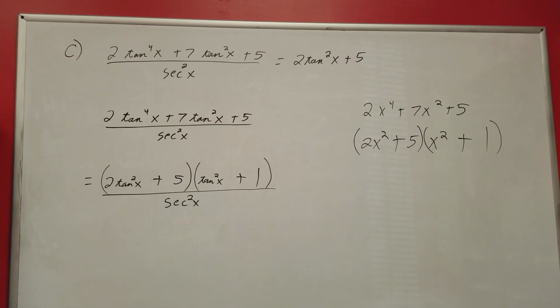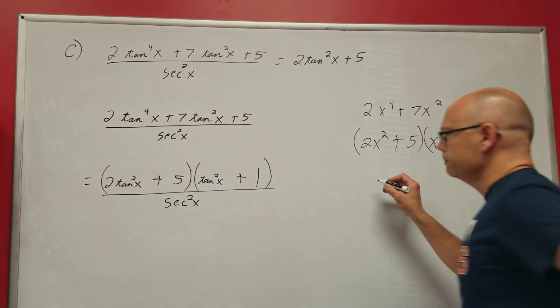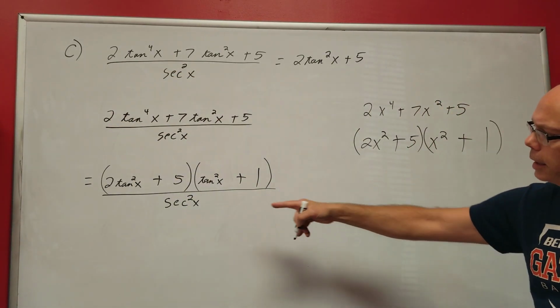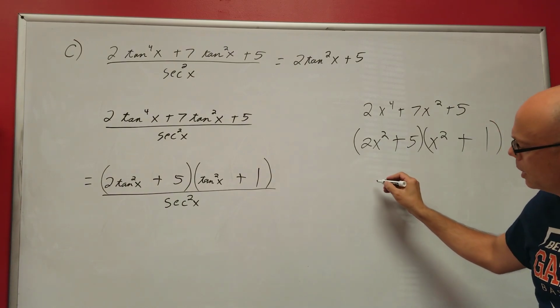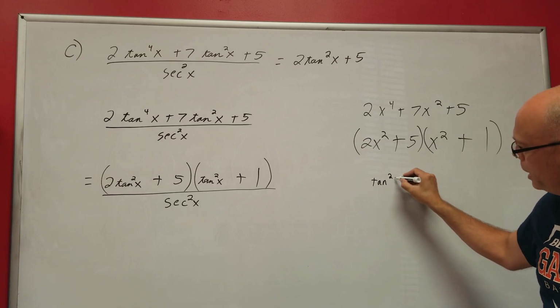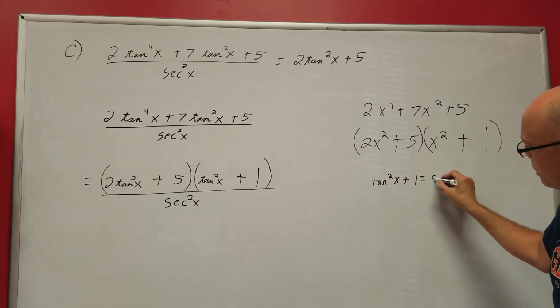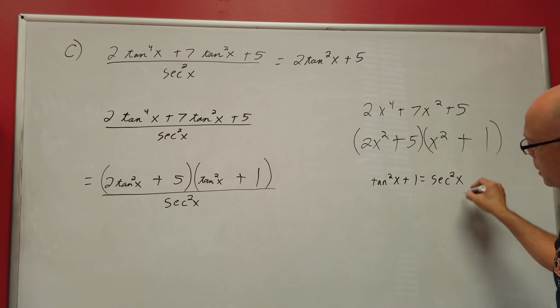Where'd that get us? Oh, I'm so glad you asked. Let's see. What was our identity, the Pythagorean identity that had the secant squared in it? Didn't it look something like this? Tangent squared plus 1 is equal to secant squared.